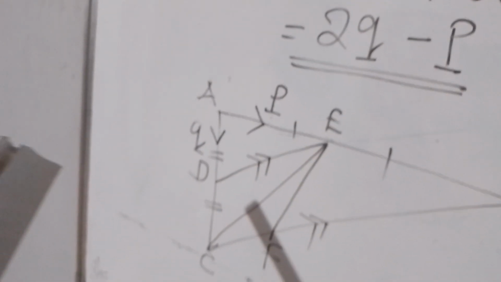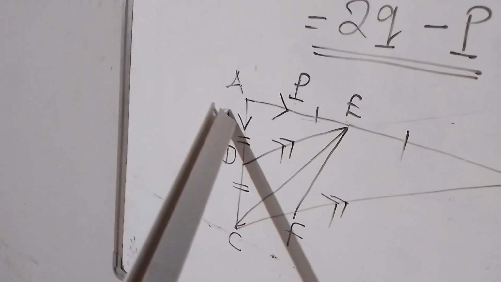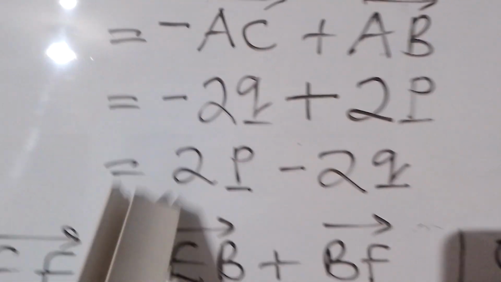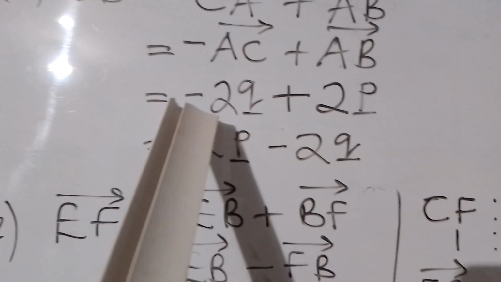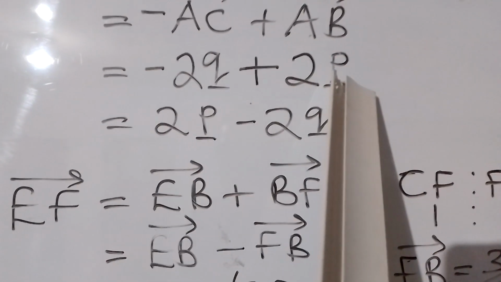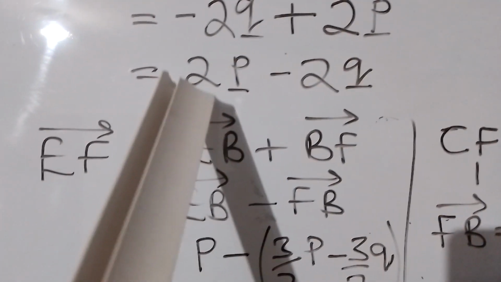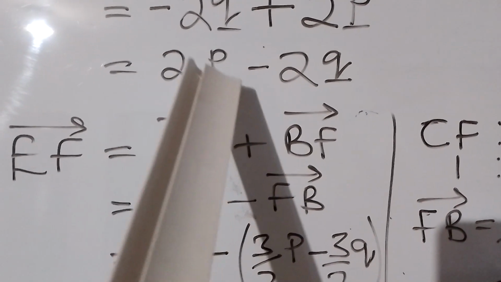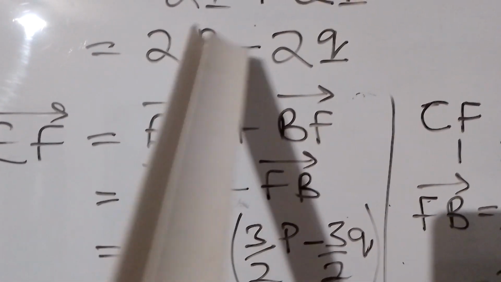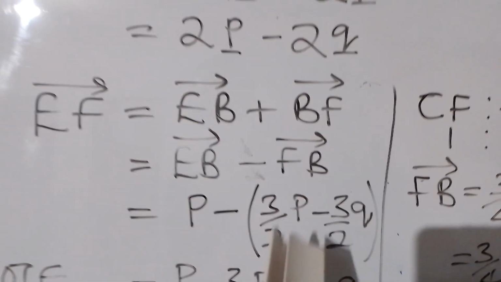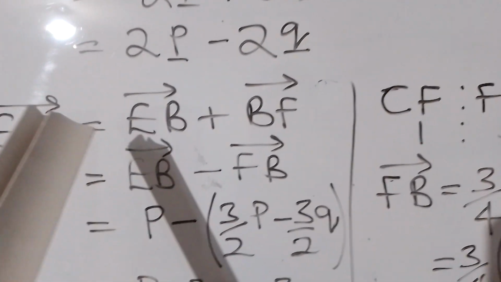Now we substitute for AC. So we go back to our diagram. What is our AC? Our AC is Q plus Q. It gives us 2Q, but here there is a negative, so it has to become negative 2Q plus 2P. From here, we rearrange them. It gives us 2P, which is 2 vector P plus 2 vector Q. That's our solution for CB.